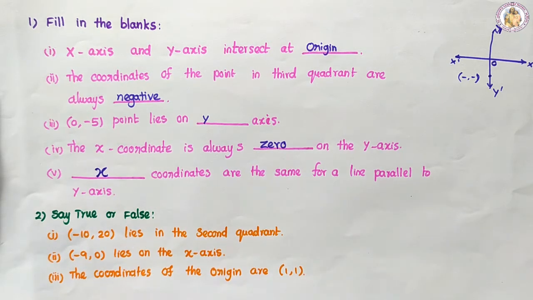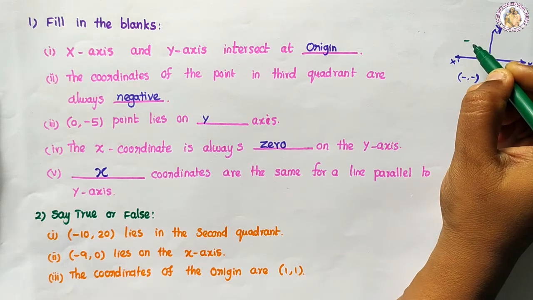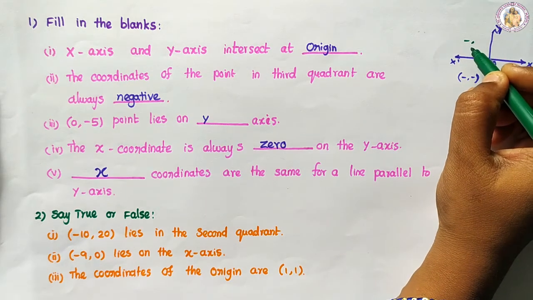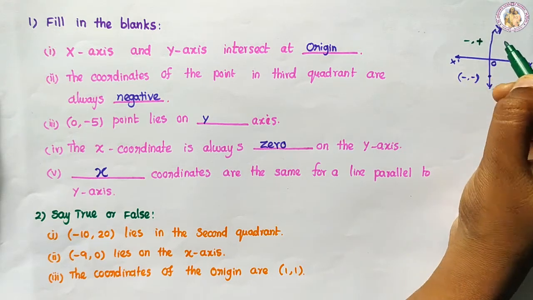And then next, second one, say true or false. First one, (-10, 20) lies in the second quadrant. Minus 10, so x is minus. So second quadrant, minus, and then y is plus 20.